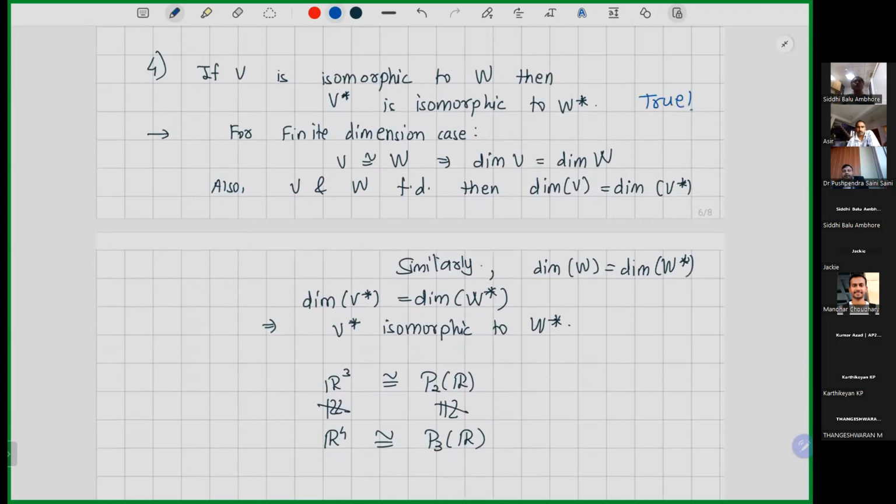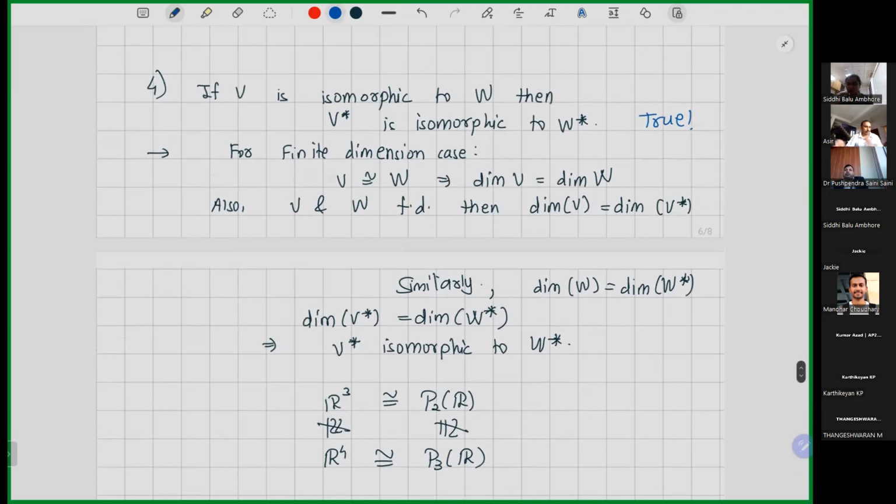I hope it is clear now why this is an isomorphism. The dimension of V and V star could be different. But if I have two isomorphic vector spaces, then their corresponding dual spaces will be isomorphic. That is my argument.